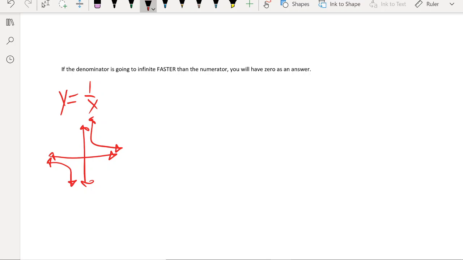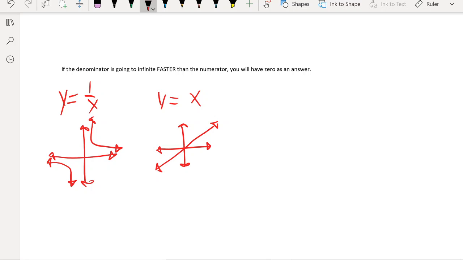If I did the graph of just y equals x, that's just going to be a line going through the middle. So that would be just kind of going to infinity. It's going up as x gets bigger, y gets bigger.